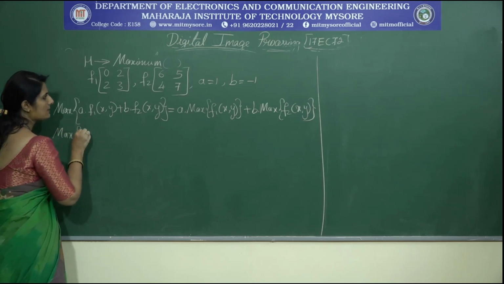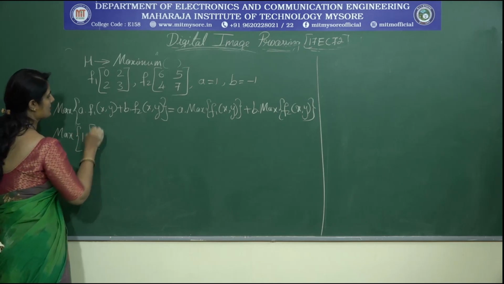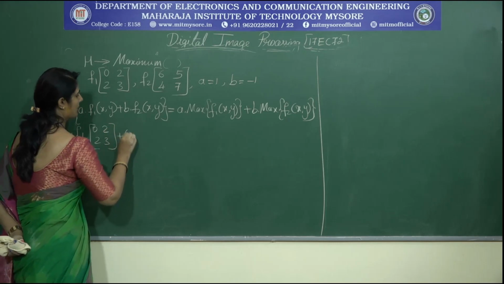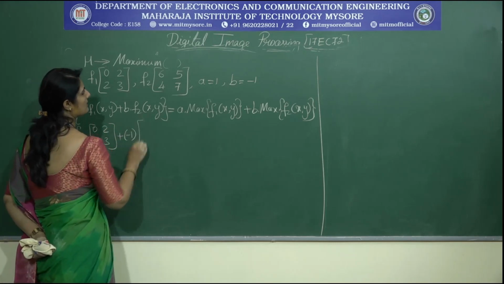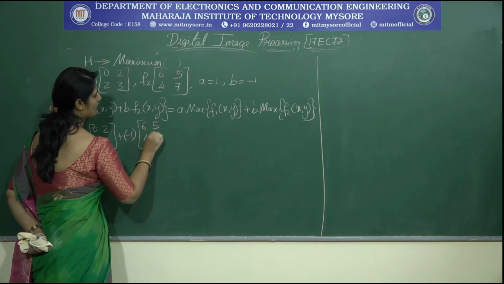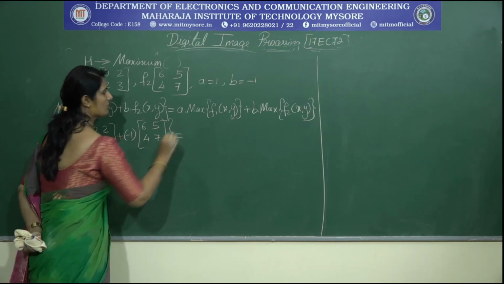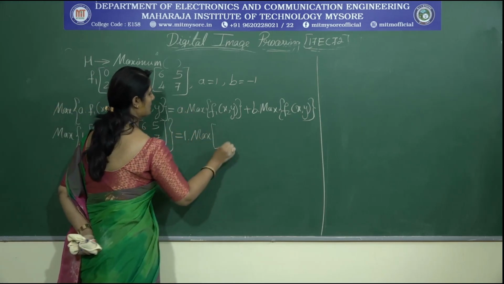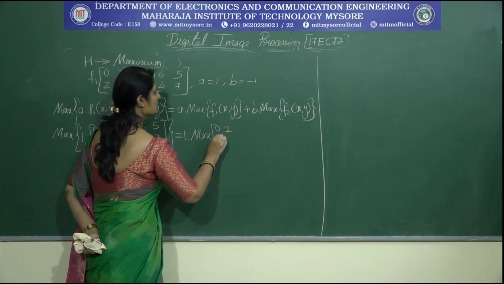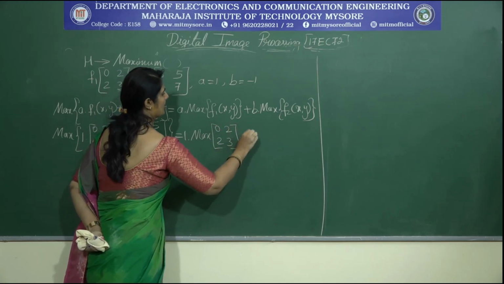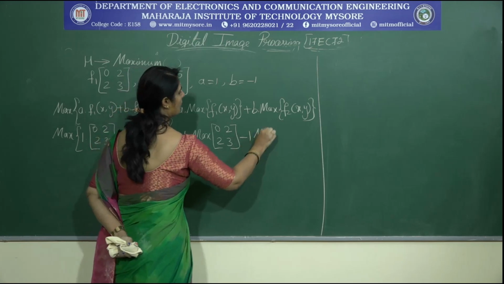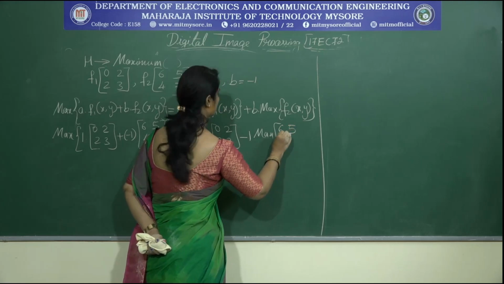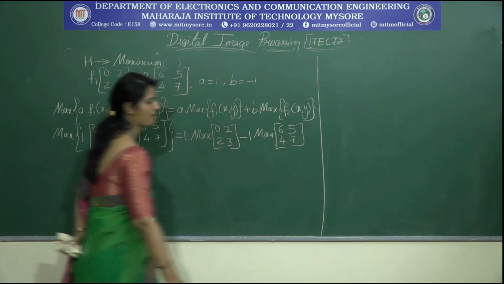So maximum of a is 1 and f1 is 0, 2, 2, 3, b is -1 and f2 is 6, 5, 4, 7. So this is equal to a is 1 and maximum of f1, which is 0, 2, 2, 3, and b is -1 and maximum of f2, which is 6, 5, 4, 7.